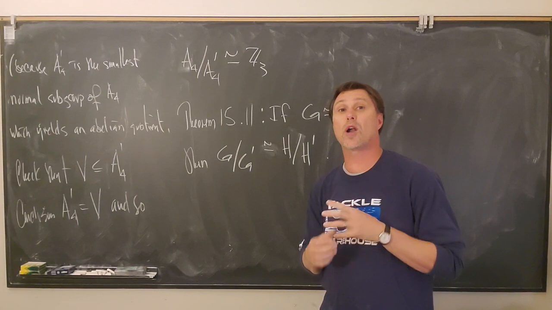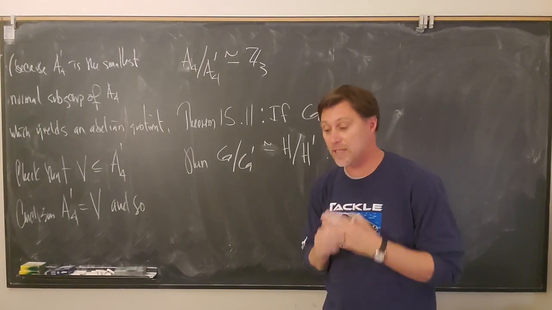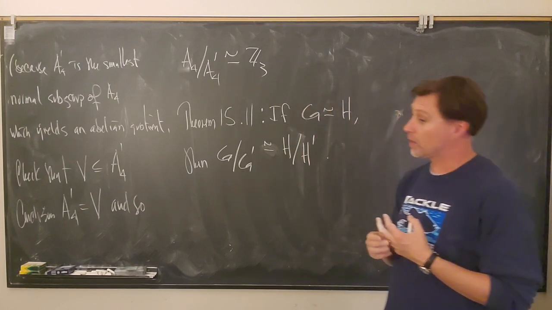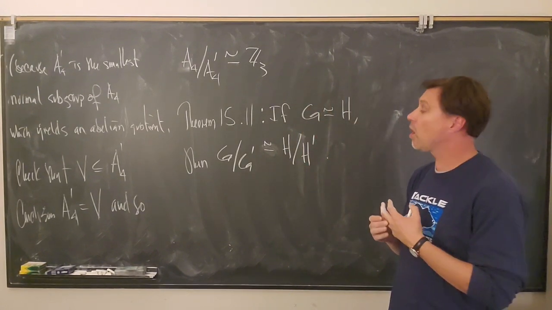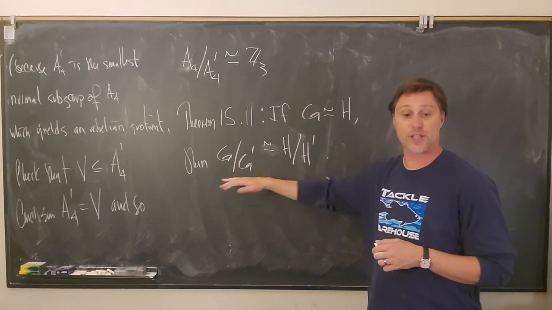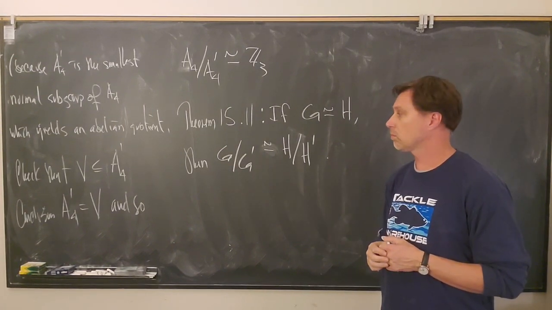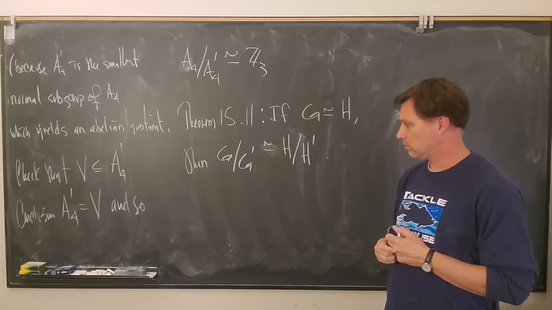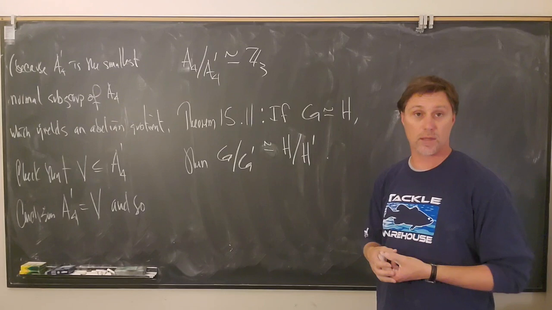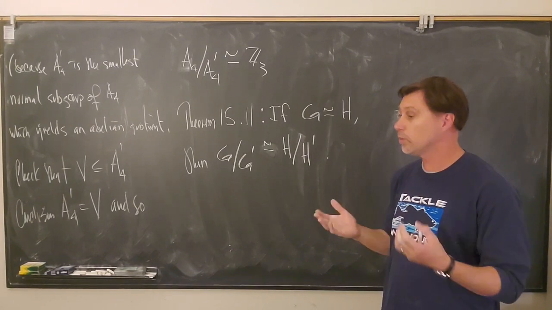Showing that two groups are not isomorphic can be extremely difficult. But we have a fundamental theorem that tells us all about abelian groups. As long as we're dealing with finitely generated groups, you can, in a finite amount of time, decide whether two abelian groups are isomorphic or not. It's an actual doable problem.